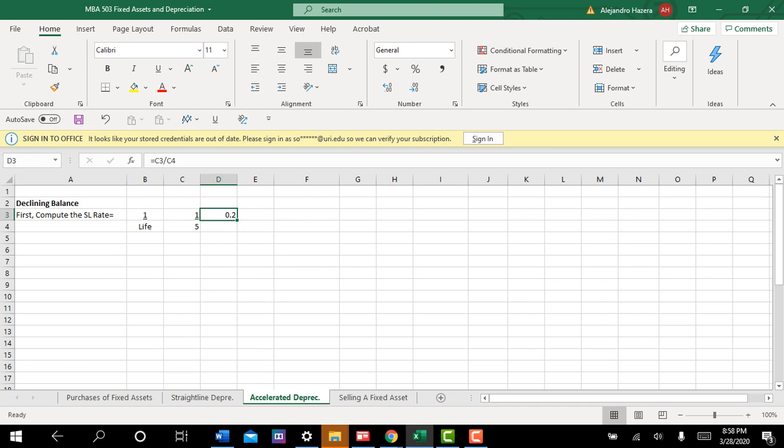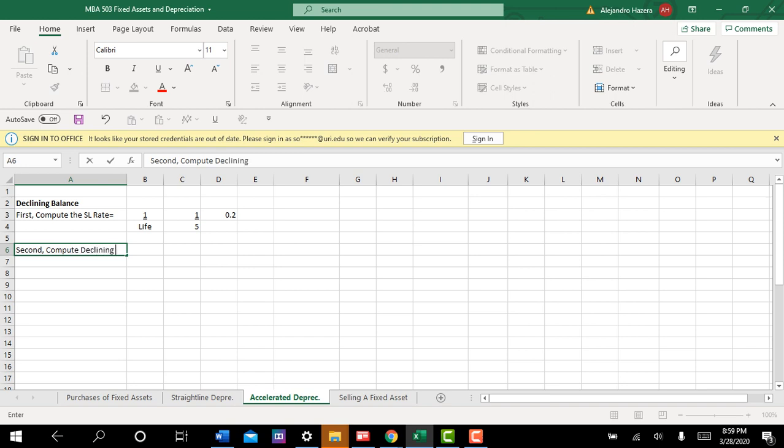Our second step is to compute the declining balance rate.